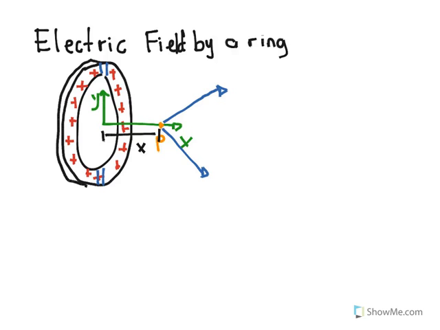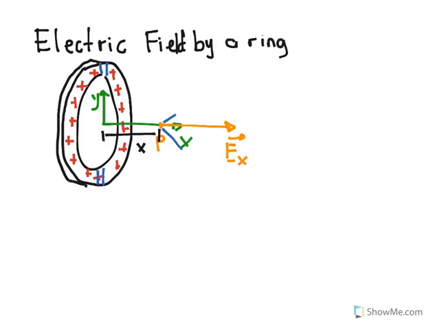The direction changes, but the y component of this one and the y component of this one are exactly the same, and they will cancel each other. So at the very end, all the contributions will generate an electric field vector which points towards the positive x direction, and it's only defined in x.